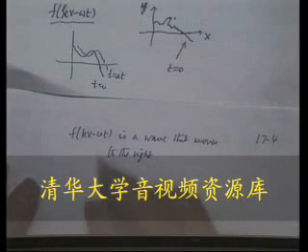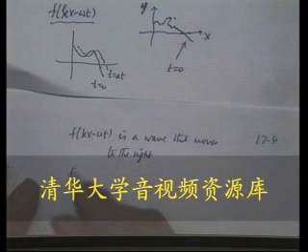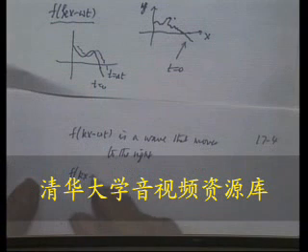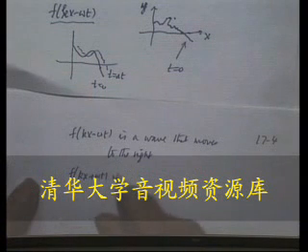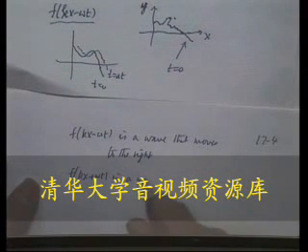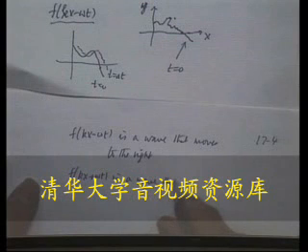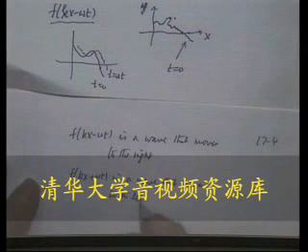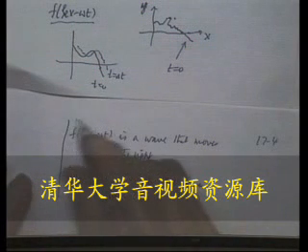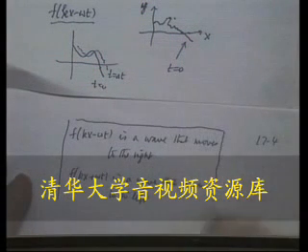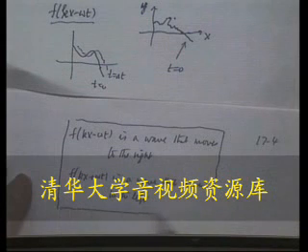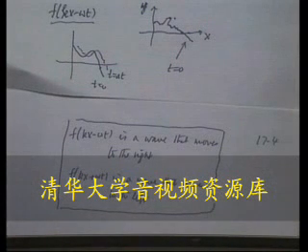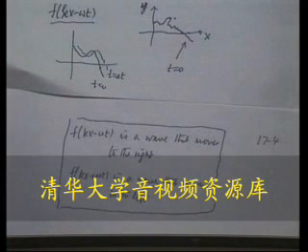F of kx plus omega t is a wave that moves to the left. Is that clear?